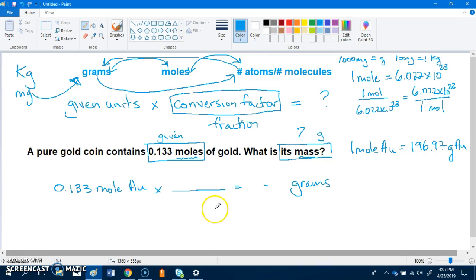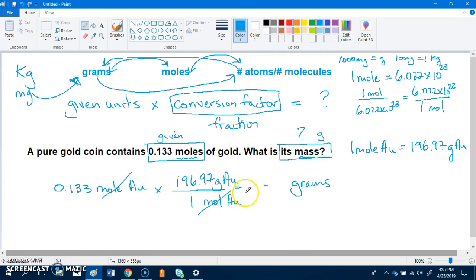Well, what goes on the bottom is always what's going to cancel out your given units so that you're left with what you're trying to find. So if we're trying to cancel out mole, we're going to put that on the bottom. So 1 mole of gold is equal to 196.97 grams of gold. As you can see they cancel out, or another way to say that is whatever you're trying to find should be what's on top in terms of grams.